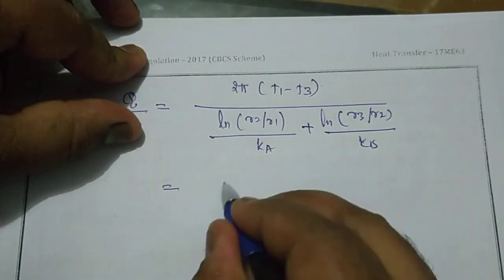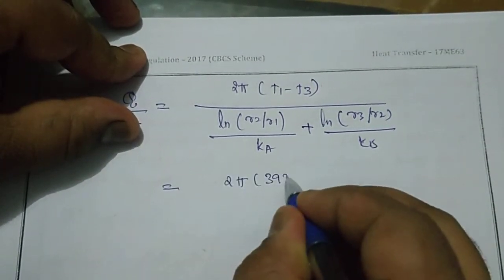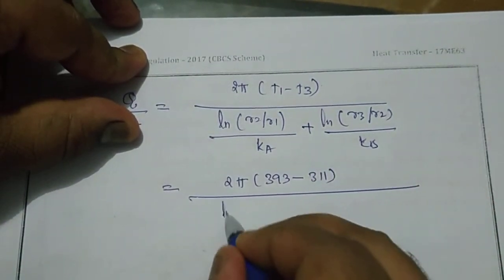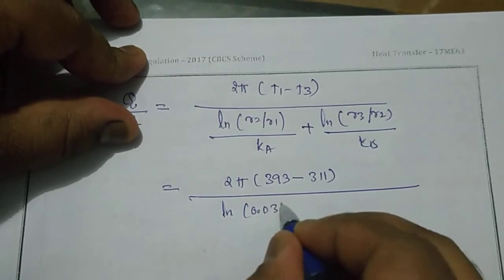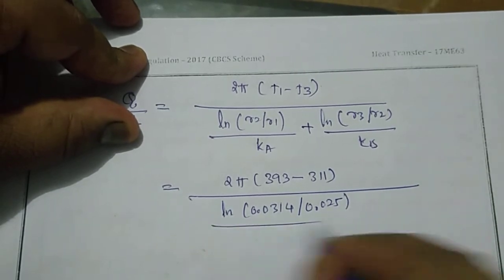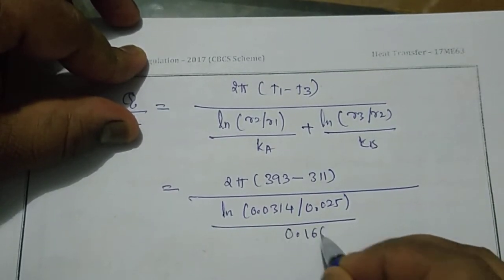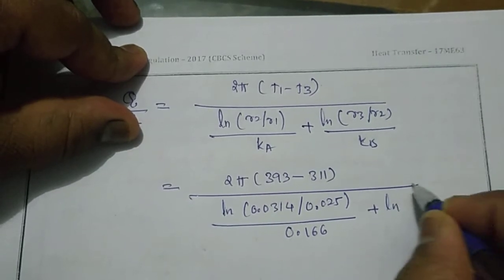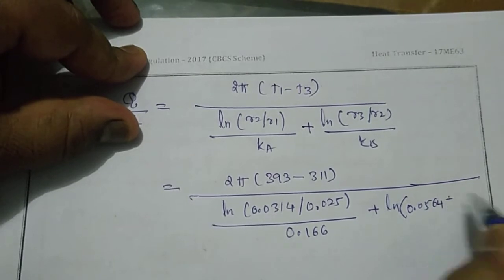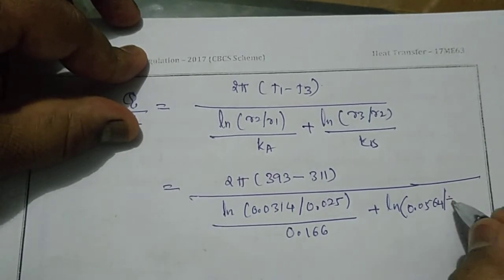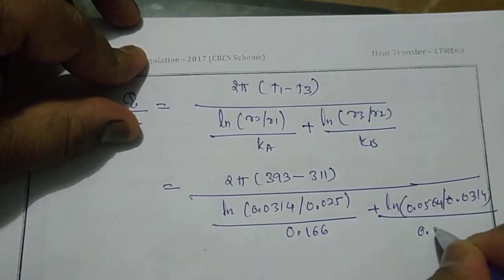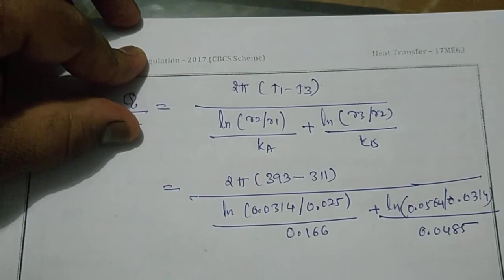Now substitute the values: 2 pi times 393 minus 311, divided by ln of 0.0314 by 0.025 divided by 0.166, plus ln of 0.0564 by 0.0314 divided by 0.0485.